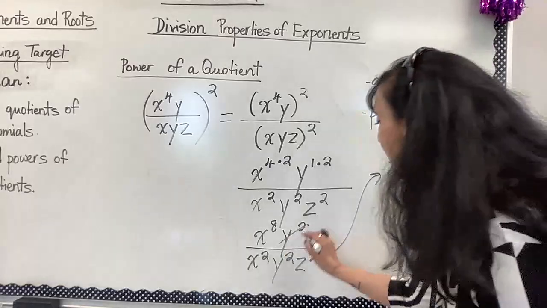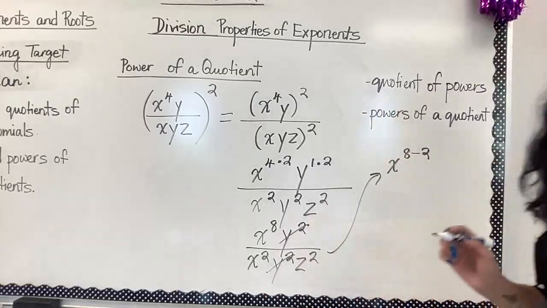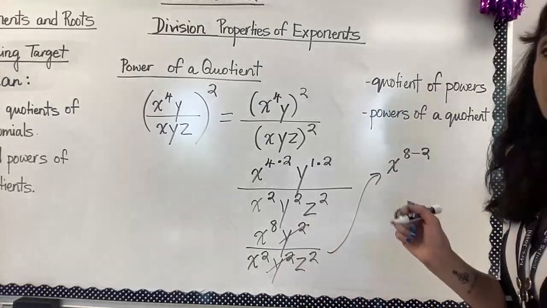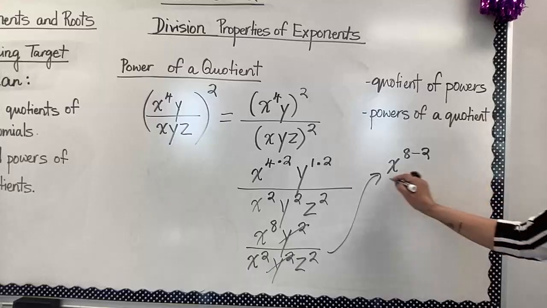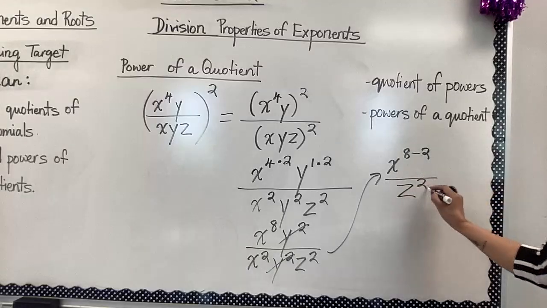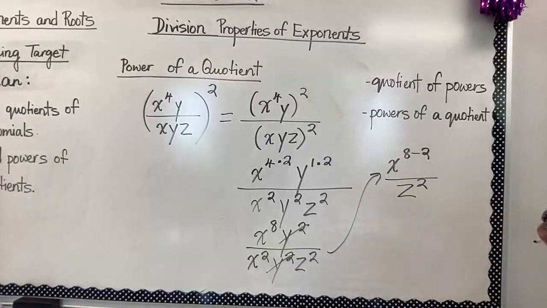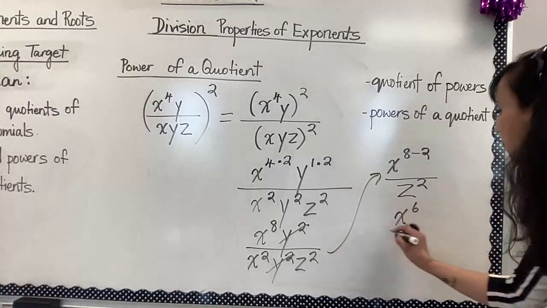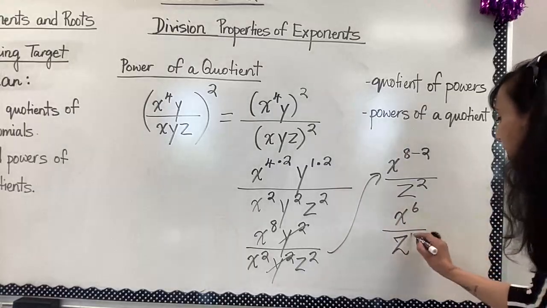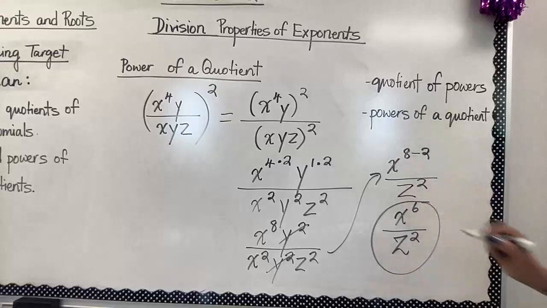Because y squared and y squared are going to be simplified, because it's y 2 minus 2. And then I have just this left over, my z squared, which is a different base, so there's nothing to simplify. And so I'm left with x to the 6th power over z squared. And here is my solution.